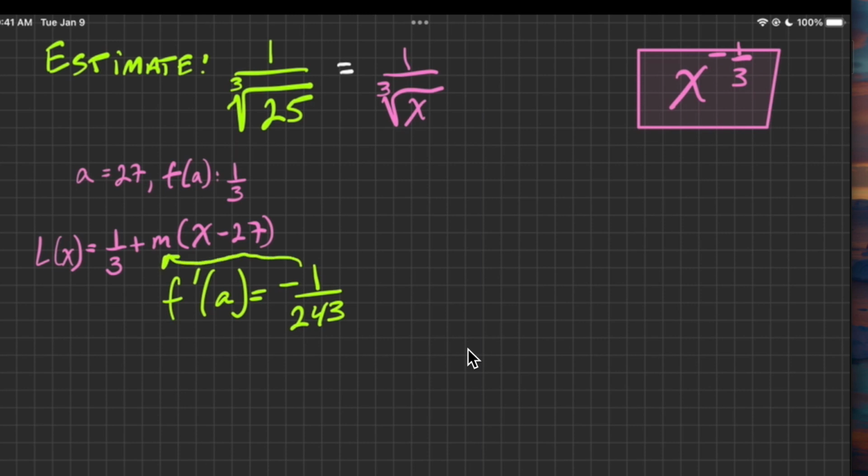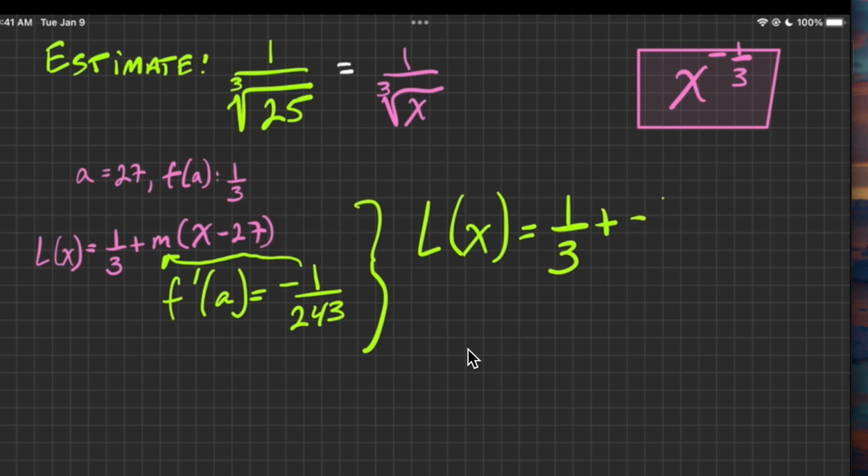So let me rewrite this a little bit larger. Our L of x, otherwise known as the equation of the tangent line, is 1/3 plus negative 1 over 243 times x minus 27.